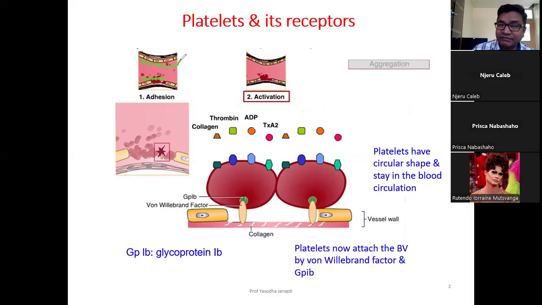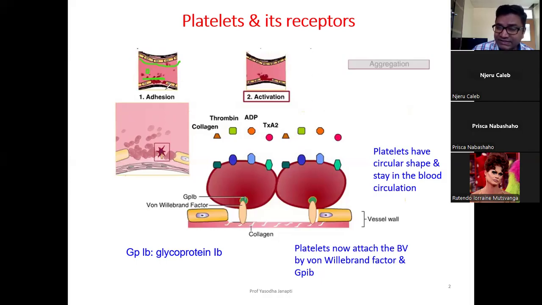Suppose this is the blood vessel; generally the white blood cells and RBCs circulate at the center of the circulation, whereas platelets will be traveling near the walls, both upper and lower.